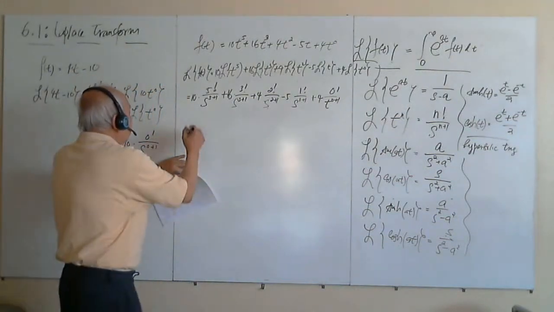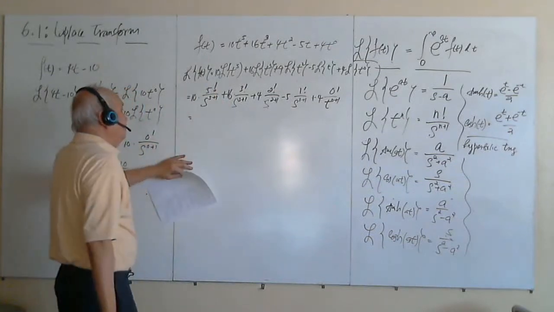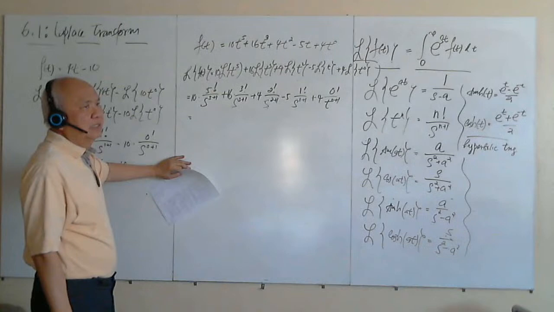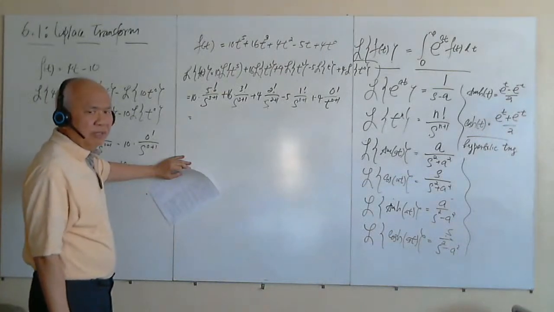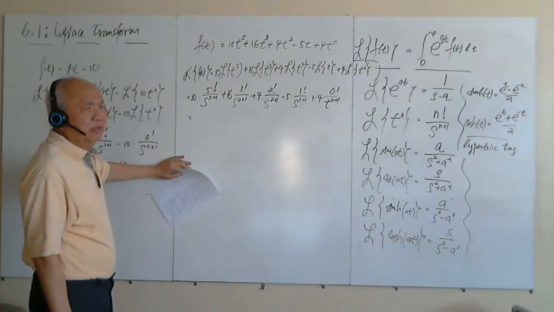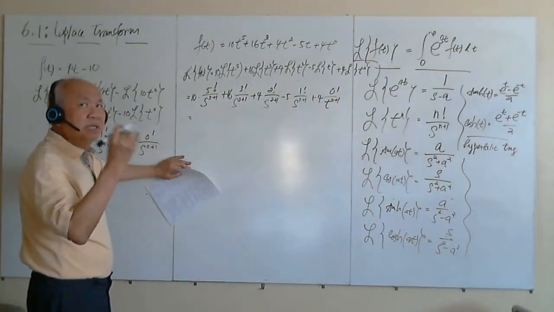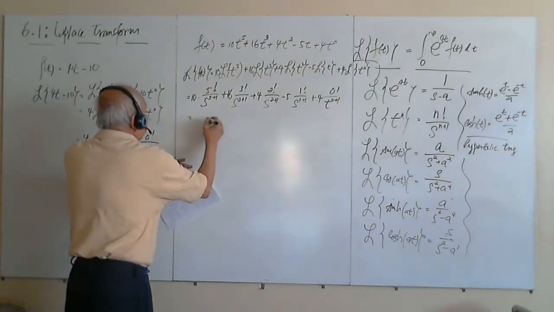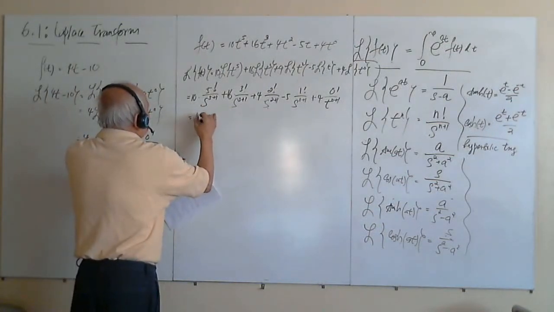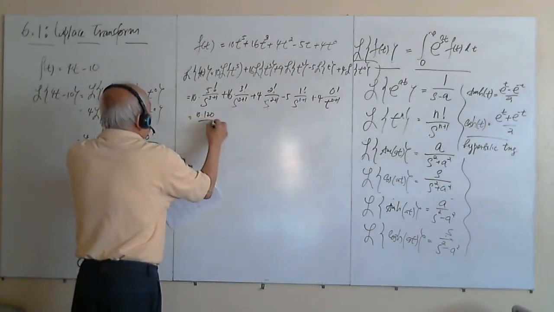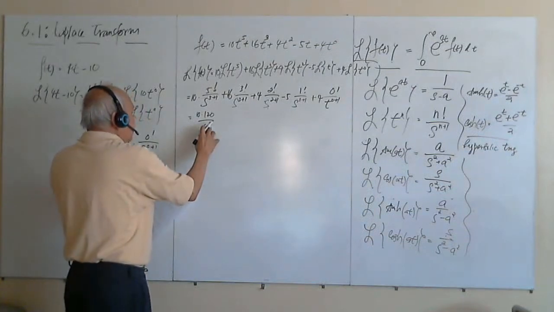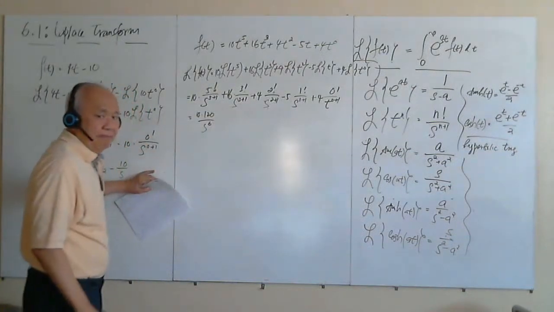So what do you get? 4 factorial is 24, am I correct? So 5 factorial is going to be 120. Correct me if I'm wrong: 1 times 2 times 3 times 4 times 5 gives 120. So 10 times 120 over s to the 6. How do you get 6? 6 is 5 plus 1.